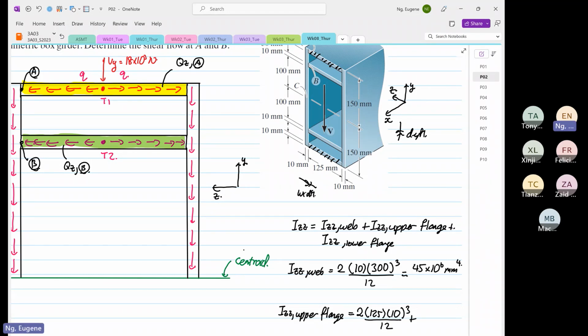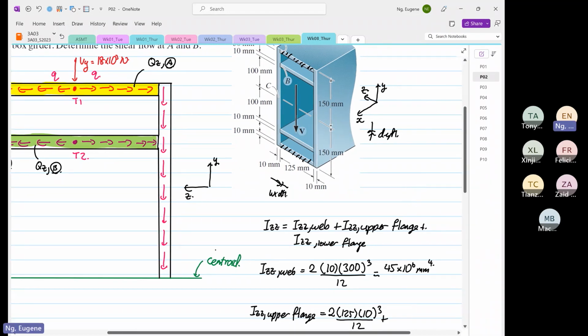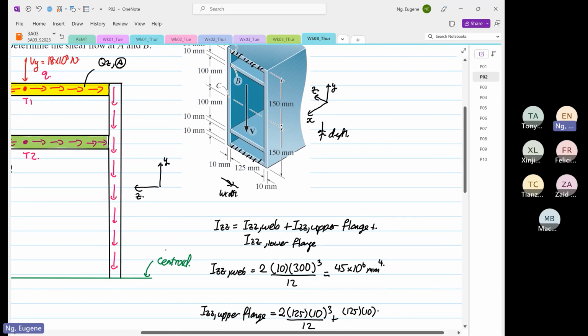Then because the centroid of the upper flange is at a different location from the global centroid, we have to do the area and then multiply by 150 minus 10 divided by 2 and squared.